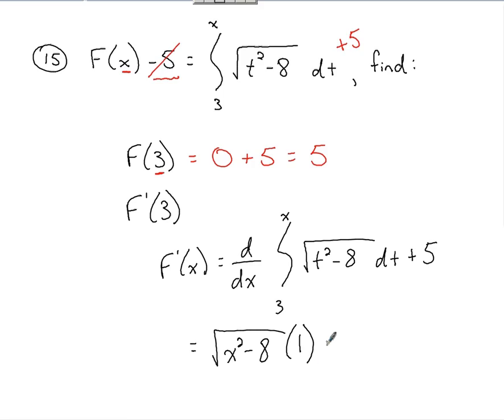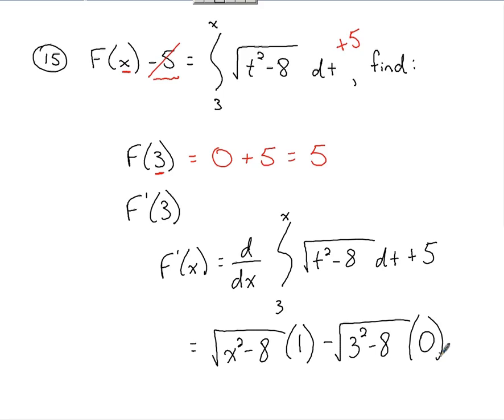I would subtract. Now I take this bottom value of 3, plug in the place of t. I'd have 3 squared minus 8 under that root. And then I tack onto this the derivative of the number I plugged in, 3, which would be 0.